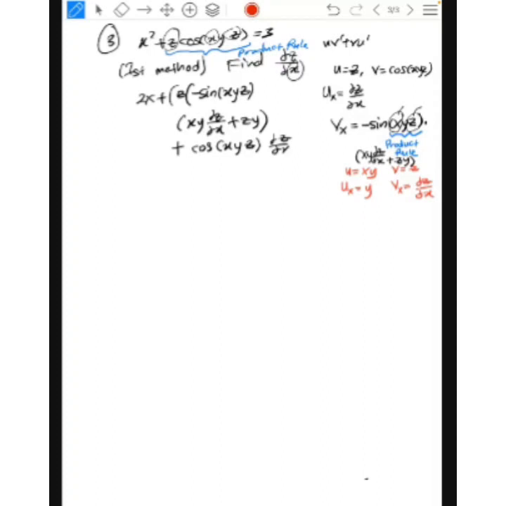And then equals to 0. Okay, differentiating 3 will be 0.